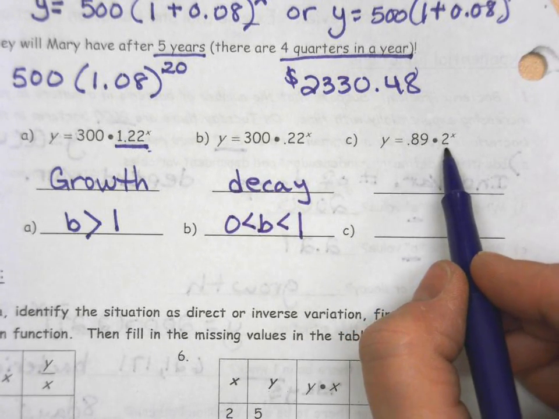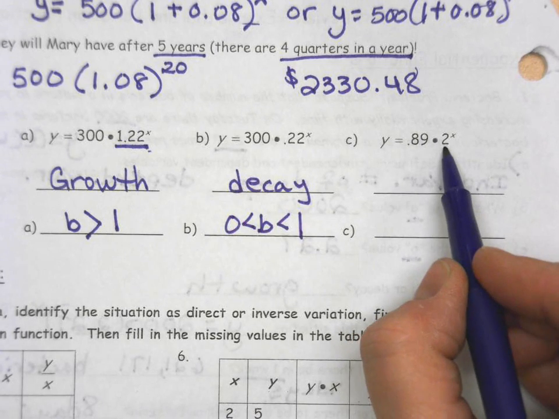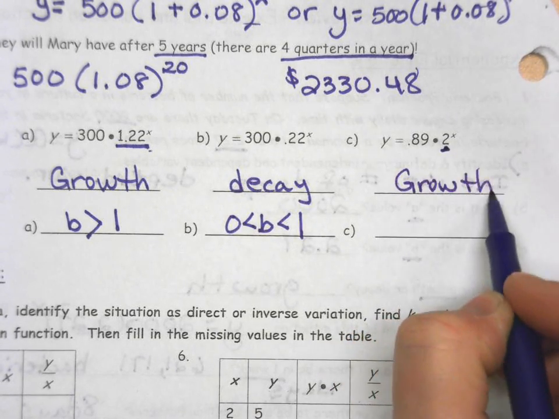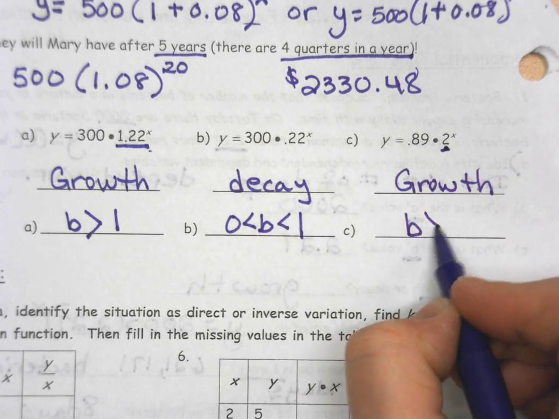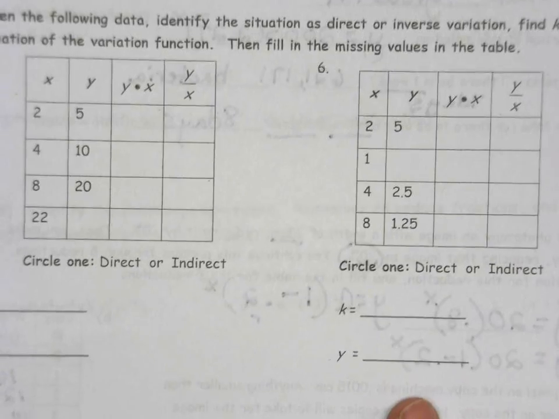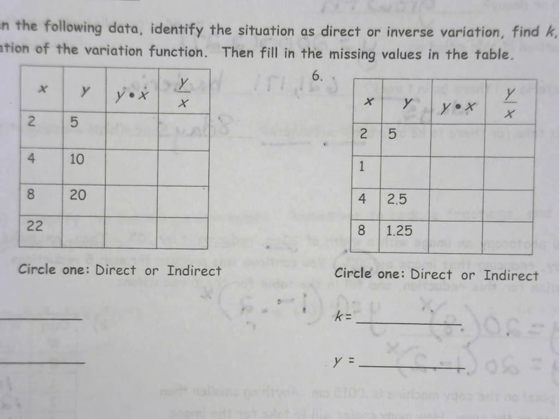And this one here is 0.89, which, remember, that's your startup, but your b is right here, and so that would still be growth, and that's because b is greater than 1.